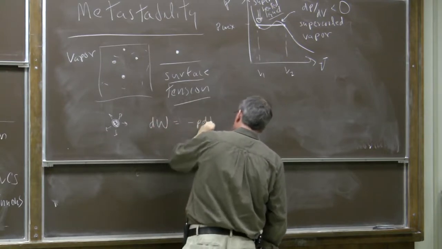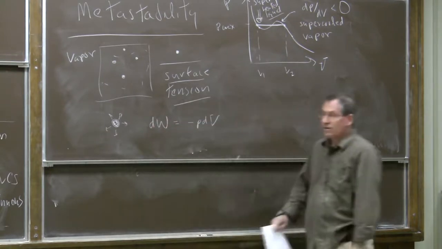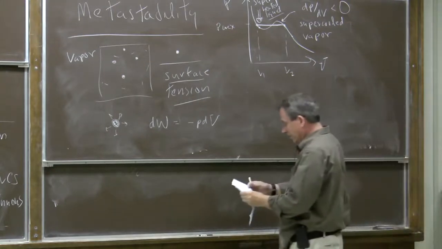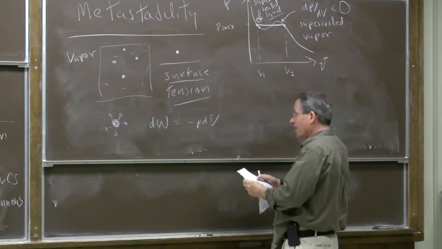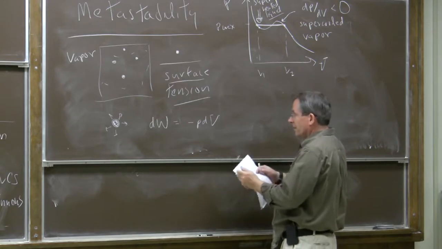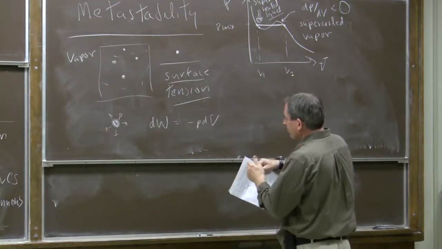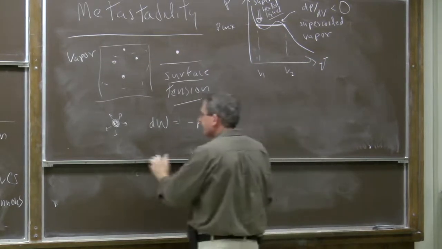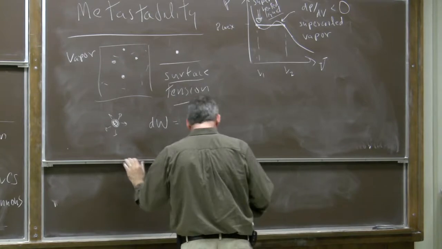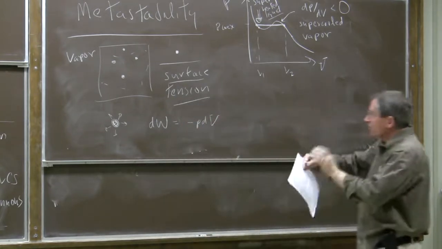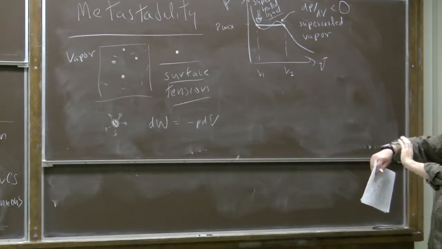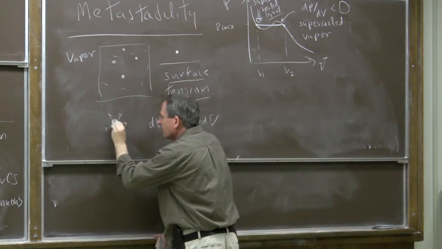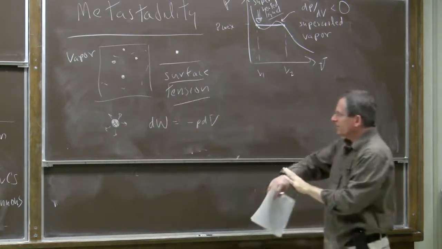We can say that the droplet has pressure, and when it expands, the droplet is doing work, but there's something else, which is that there's some tension on the surface of the droplet where it meets the vapor.